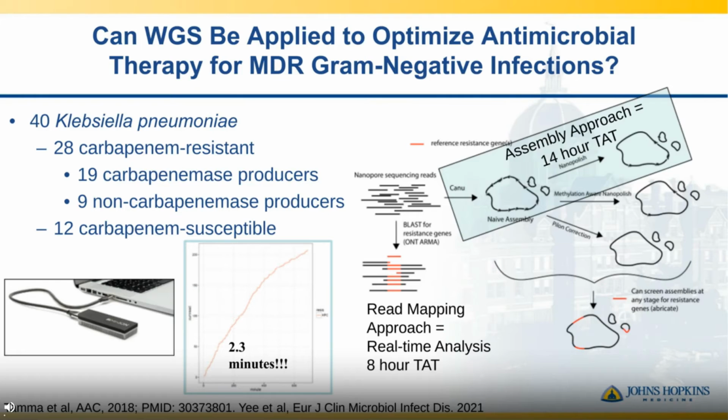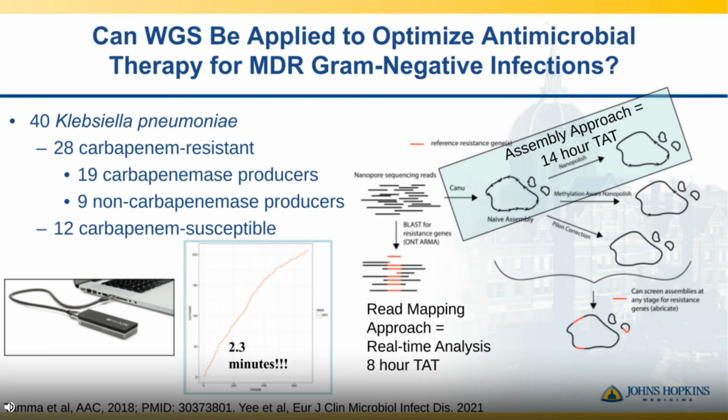This has the benefit of being able to detect antimicrobial resistance genes quite rapidly. We'd previously shown in another study that within 2.3 minutes of starting a sequencing run, we could detect KPC in a KPC producer.